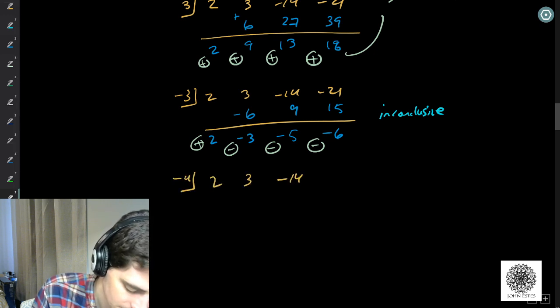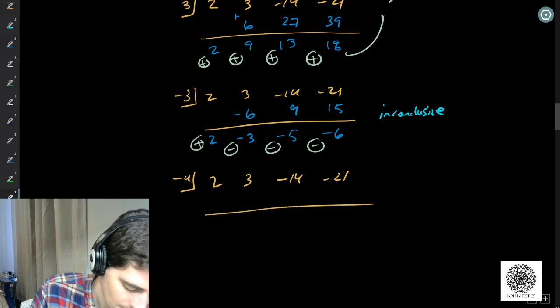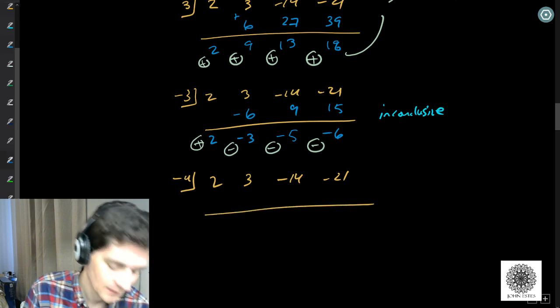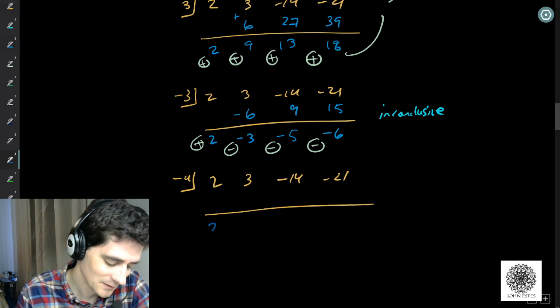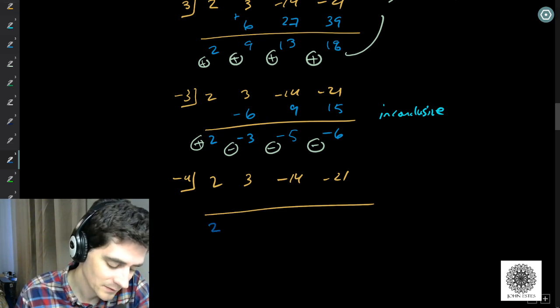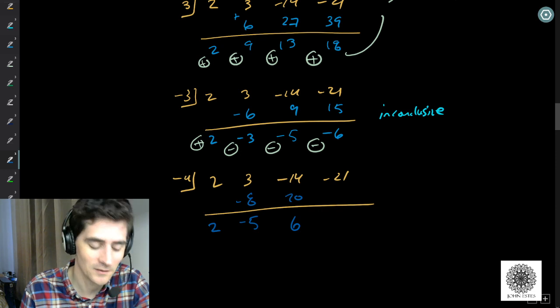Negative 4. Okay, and we're just running this again. This is really good practice for synthetic division. Bring down the 2. 2 times negative 4 is negative 8. Add to get negative 5. That's good so far. Negative 5 times negative 4 is 20. Negative 14 plus 20 is a positive 6. Hey, that's good so far as well.